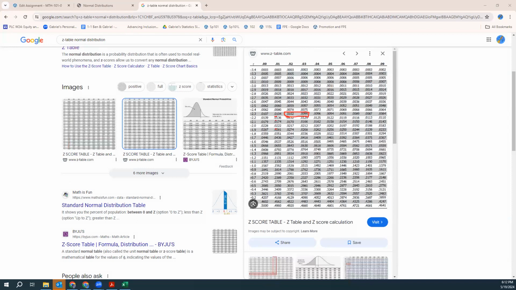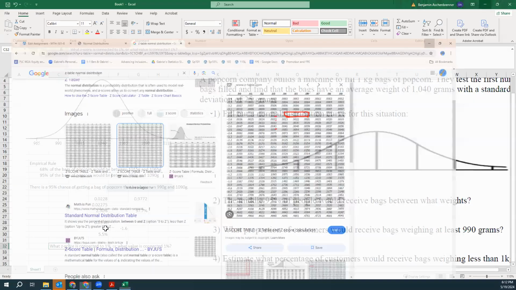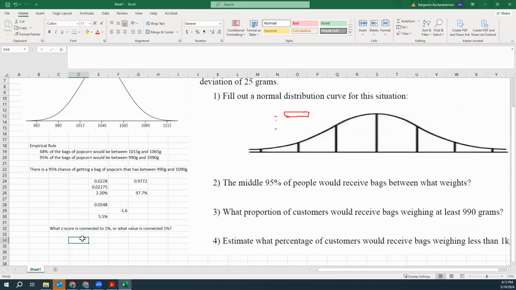Once I have that z-score, I can work backwards to figure out what the value is. It would be something like this: minus 2.33 equals x minus 1040 divided by 25. Then I need the algebraic tools to undo this. I see division by 25, so I'm going to multiply both sides by 25.